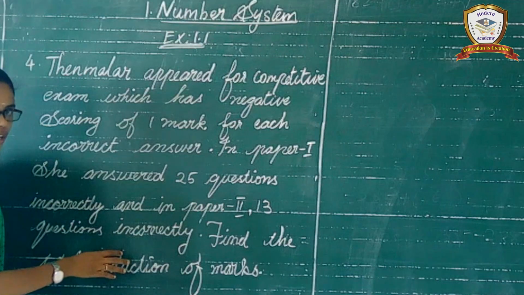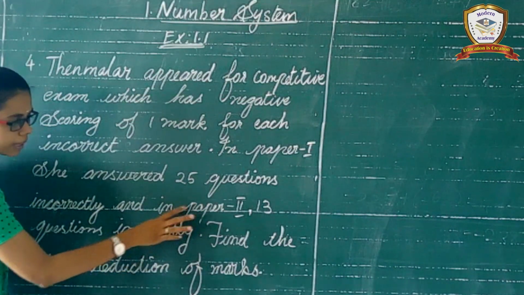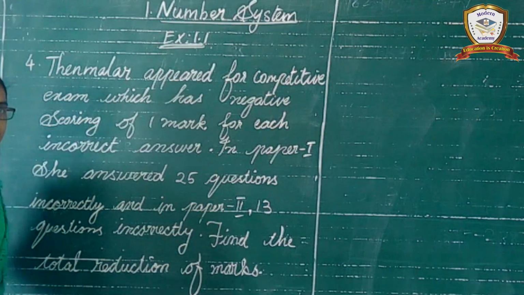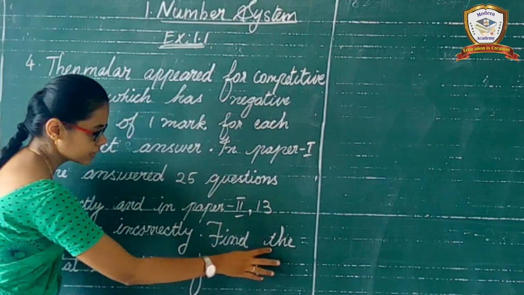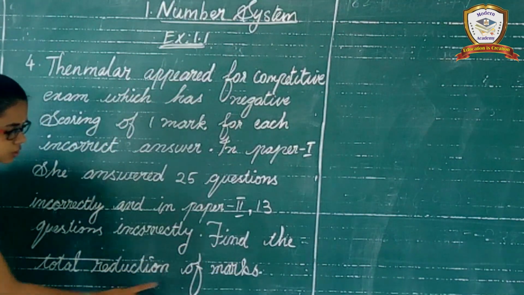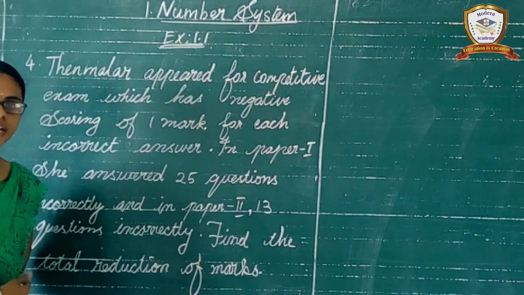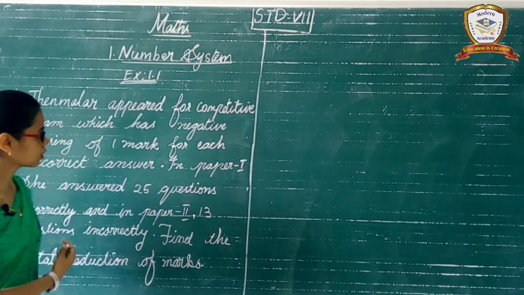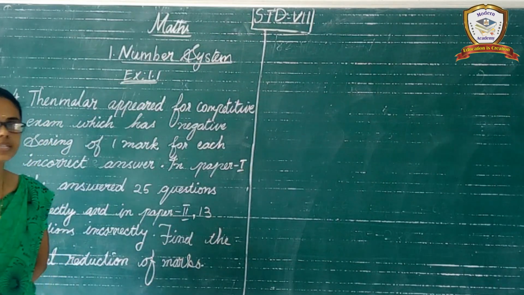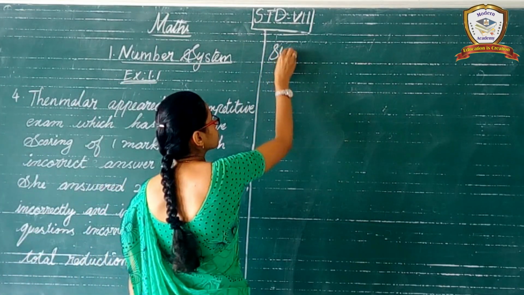Incorrectly means wrong answers. So 13 questions were wrongly answered in paper 2. Then find the total reduction of marks. We need to find the total reduction of marks. Okay, can you understand this? Okay, next see the solution.